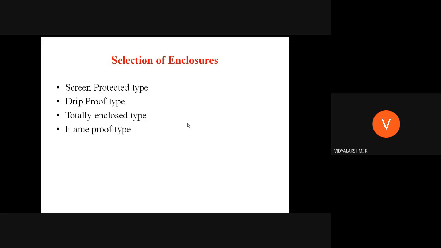To avoid that, my enclosure will be a very strong cover. It can withstand any explosion of gas inside the motor without transmitting the flame. So there I can use the flame proof type. Again, this type of flame proof can be used for coal mines.